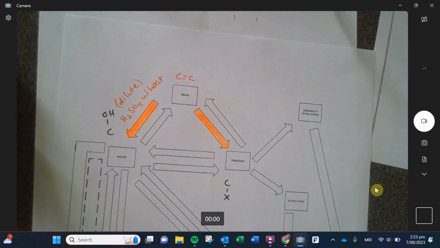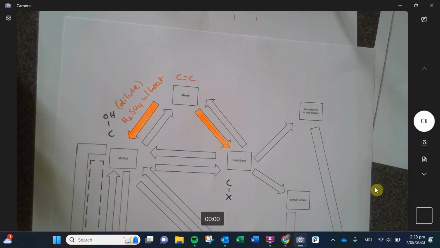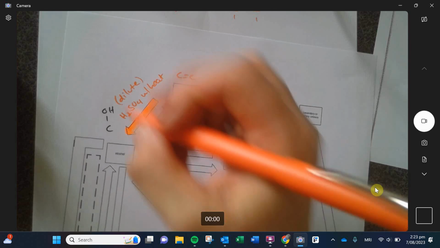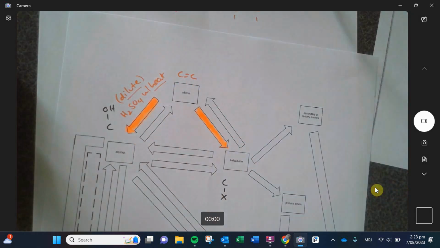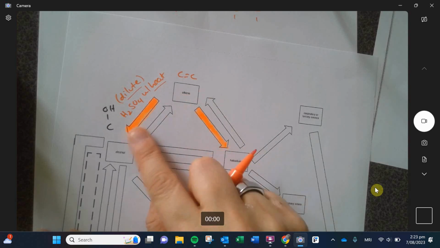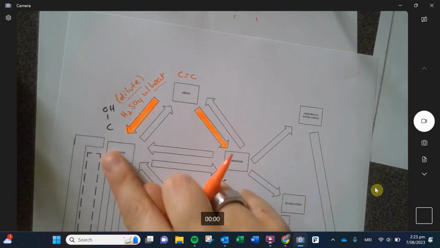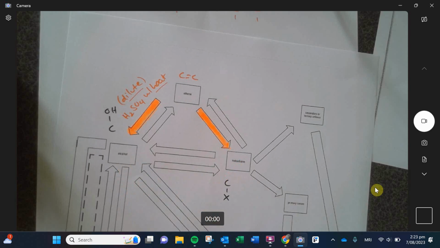What you'll see with a lot of the marking schedules is that they will expect you to specify if it's concentrated or dilute, and if you need heat. So this detail with the dilute and the heat is what they're going to be looking for in an excellence level answer. So if I took my alkene and heated it with sulfuric acid, I would be able to make an alcohol. Are we okay with that so far?